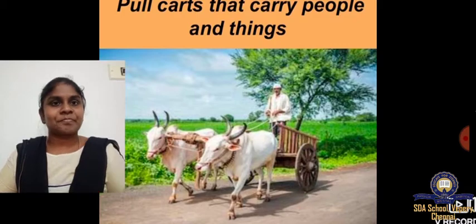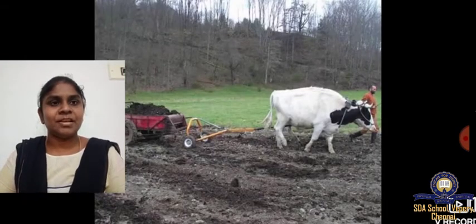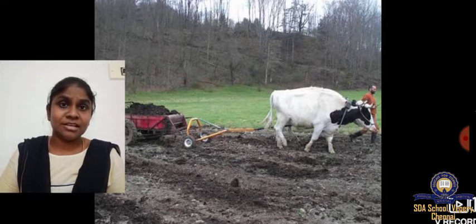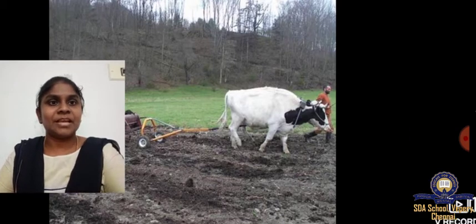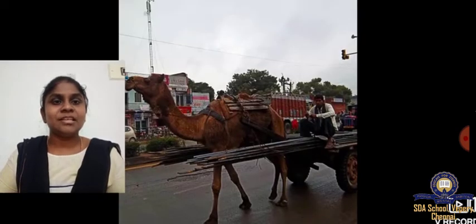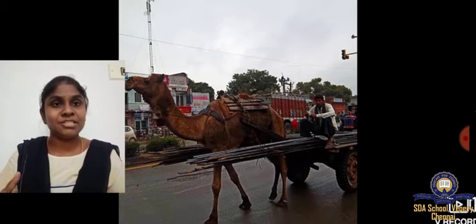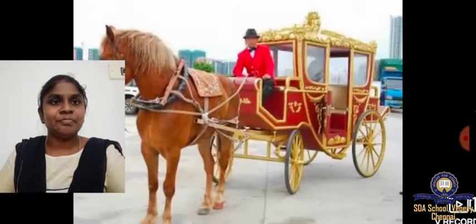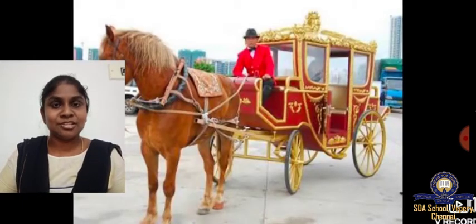Okay, look at this picture. This bullock is pulling the cart with mud. And the next picture, camel. See, this camel is pulling the cart with the person and the load. And this buffalo. And what about this? Look at this picture. What is this?